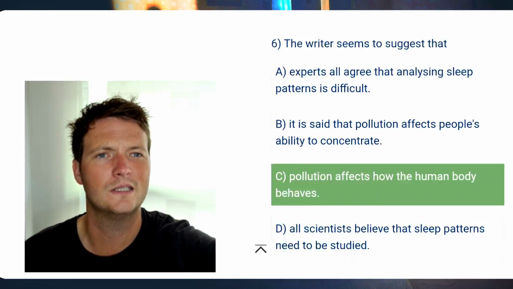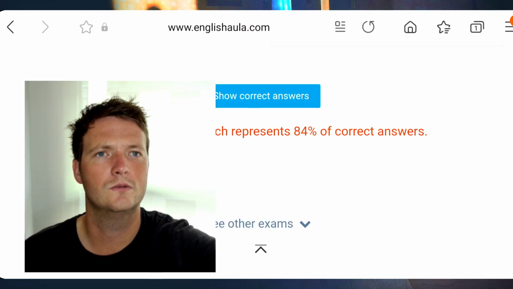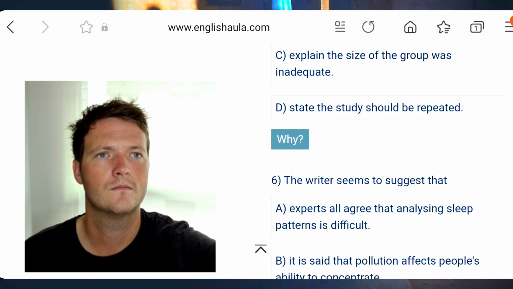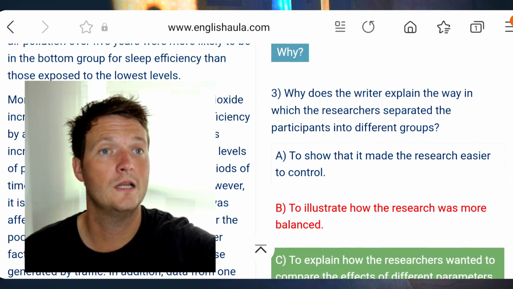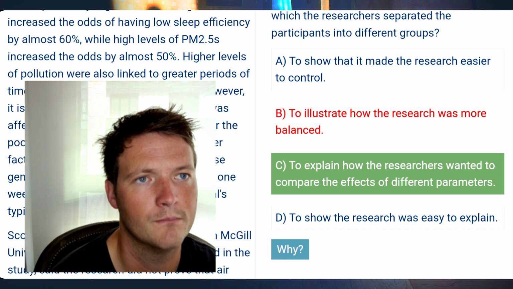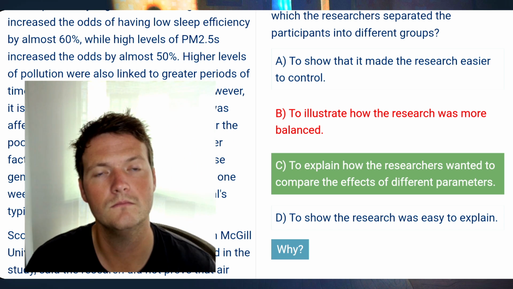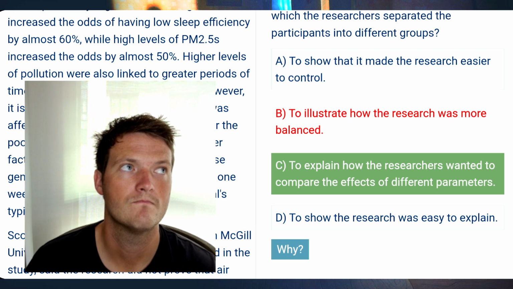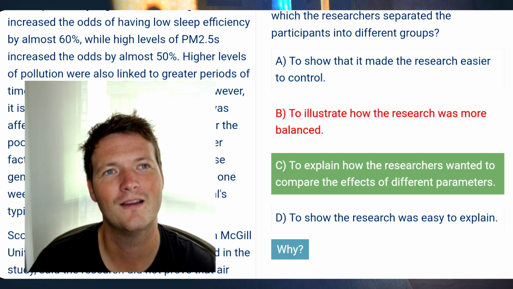Let's have a look at what they say the answer is to number 3. And it actually lets you click on why. So to explain, the researchers wanted to compare the effects of different parameters. Well, they said, I don't think they did.